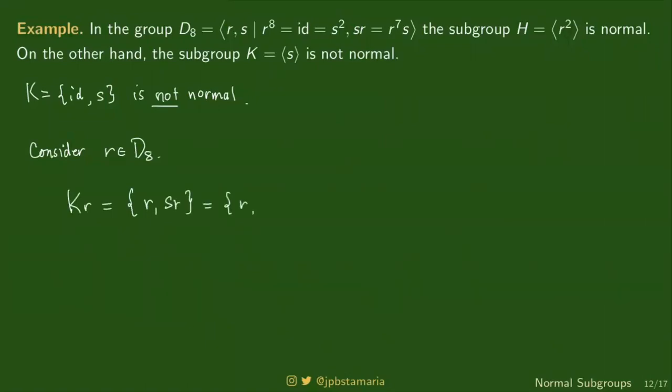But SR in D sub 8 is R to the 7 S. On the other hand, RK is RS. And these two sets are not the same. So therefore, ang RK hindi pareha sa KR.